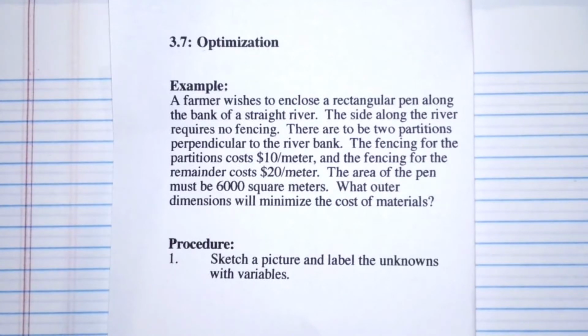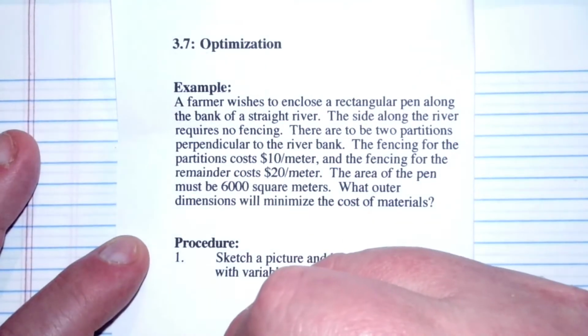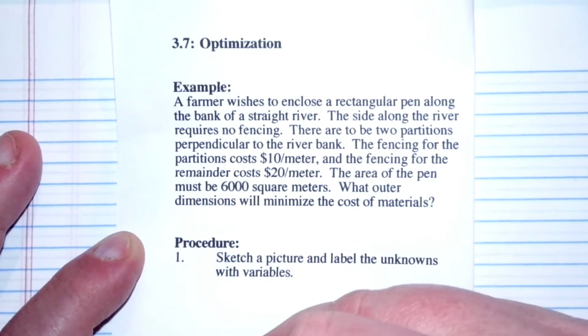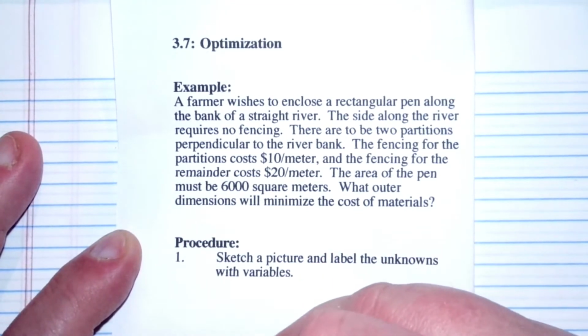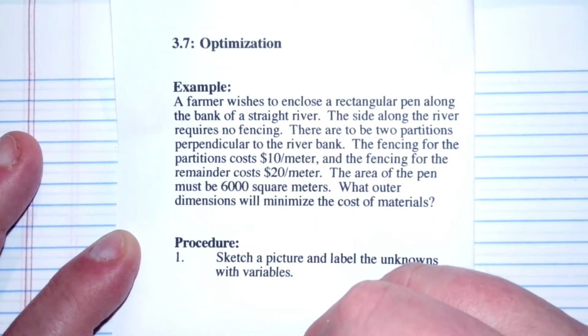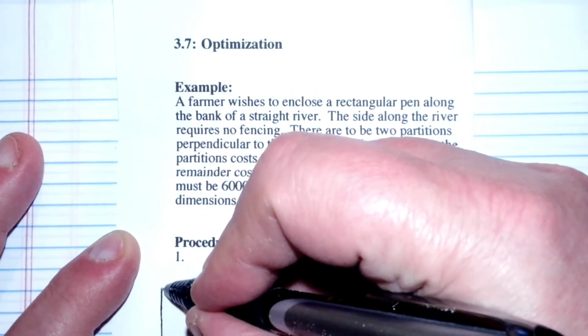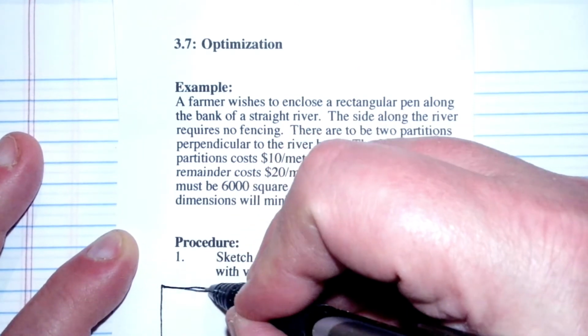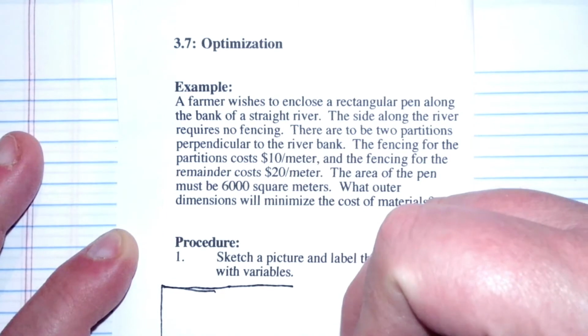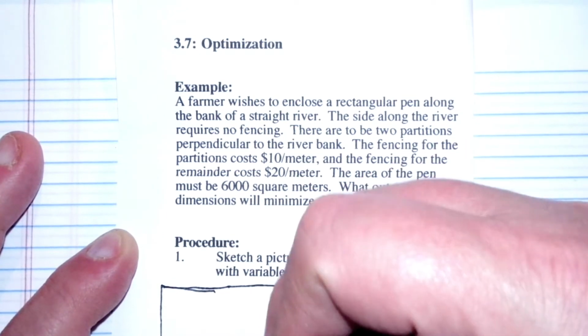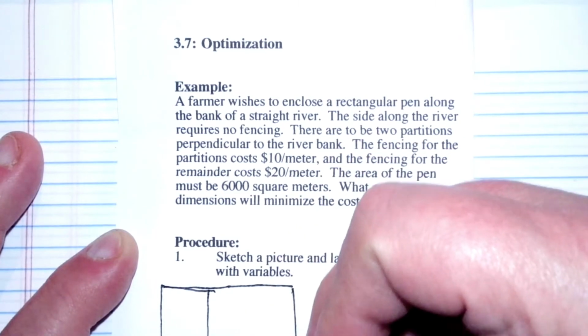The first thing we need to do is to try to get a grasp of the information that's being presented and what's being asked. So I think the best way to start is to sketch a picture and label the unknowns with variables. Alright, so we've got a river that has a straight bank, and we've got a rectangular region fenced in with two partitions.